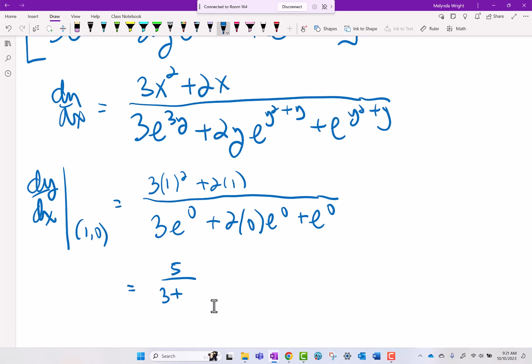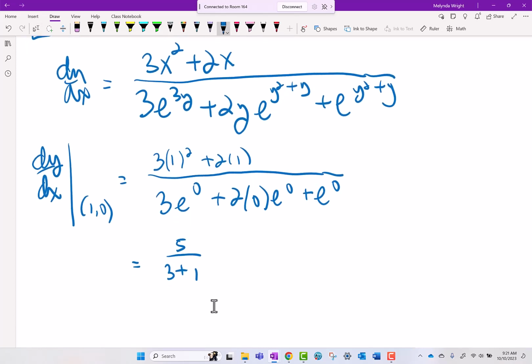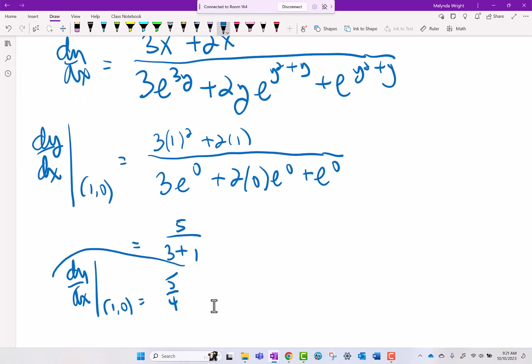The 0 times 2 times 1, so that's going to be 0. And then over here, what's this one going to be? 1. So out of all that craziness, we get the derivative at (1, 0) is 5/4. Okay, how's that? Everybody okay?